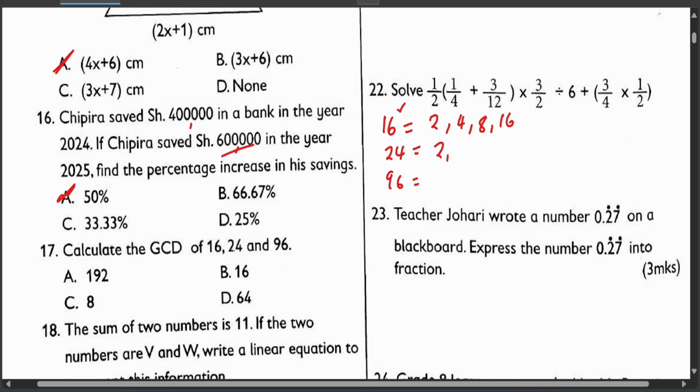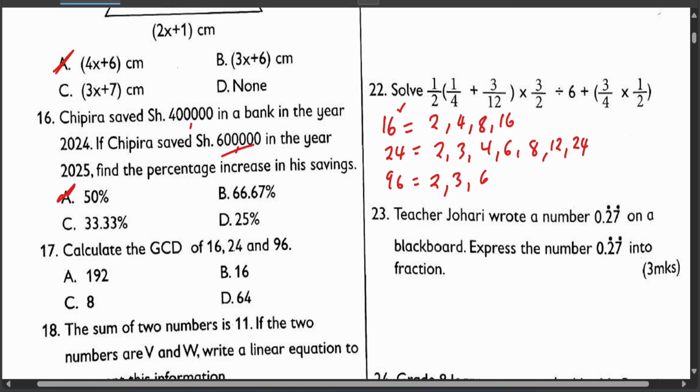So these 2, 3, 4, 6, 8, 9 haizi, 10 pia, 12, only those, and 24. So 96, the same thing. 96 ingia kwa 2, 96 ingia kwa 3 pia. So 96 dia ingekuwa 6. Yes, ingekuwa 6.